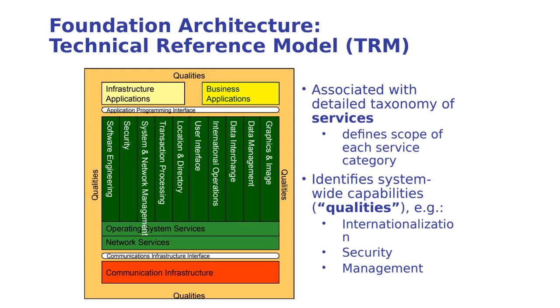Now the second level or the middle domain, which is the Foundation Architecture Technical Reference Model, TRM. This is mainly about defining the scope of each service category and identifying the system-wide capabilities, such as security management of the system.